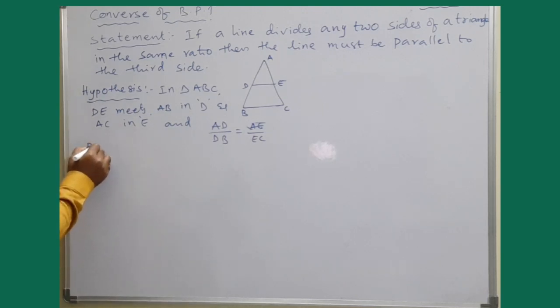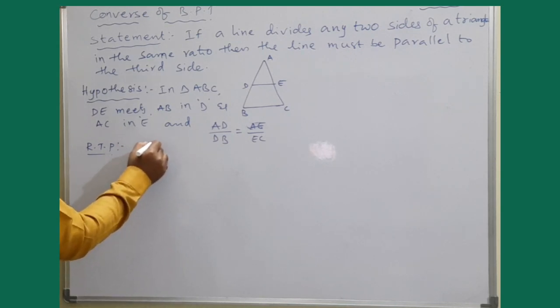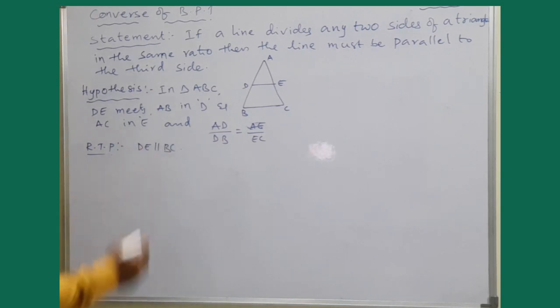So what is the RTP? We need to prove that DE must be parallel to BC.